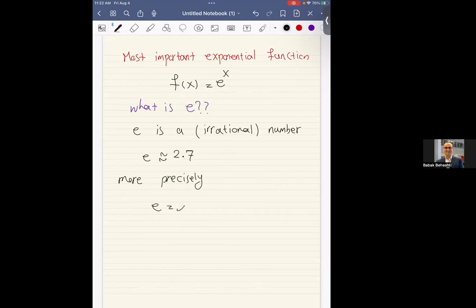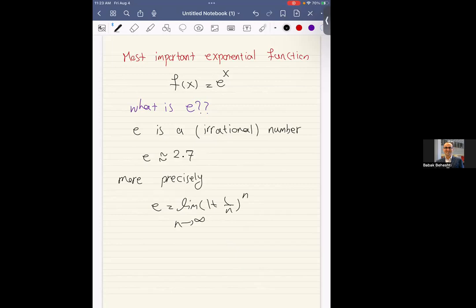The exact value, more precisely, e equals the limit of 1 plus 1 over n to the power n as n goes to infinity. But don't worry about this limit; this is just the definition of e. What you should know is e is an irrational number, around 2.7.